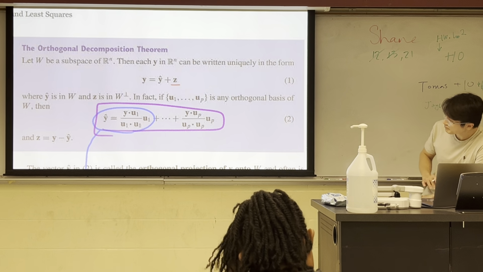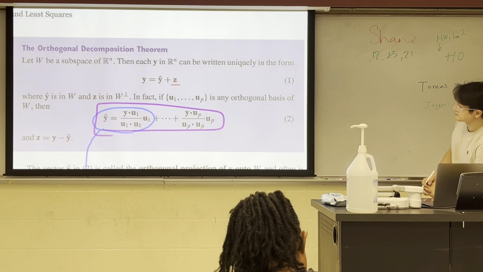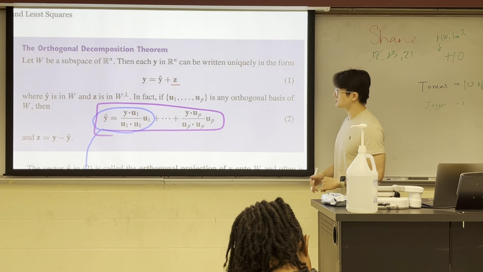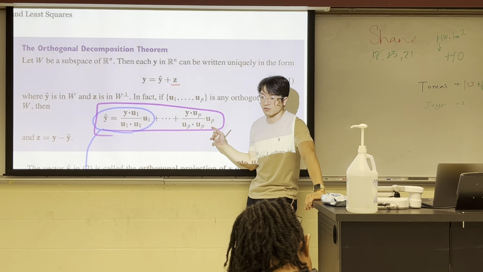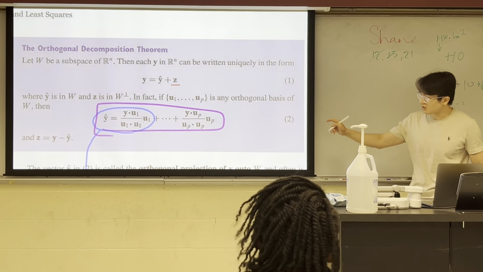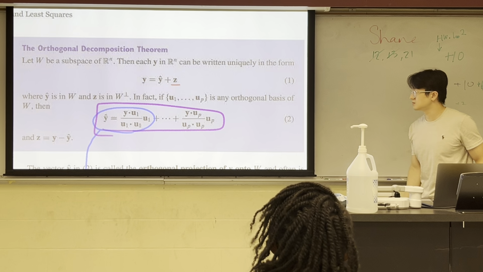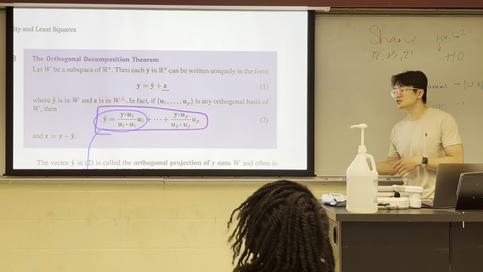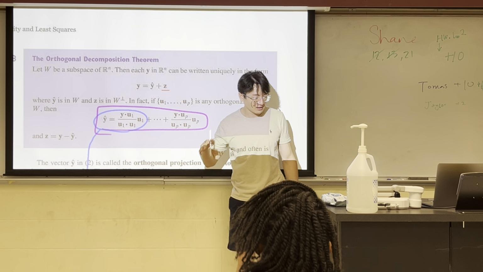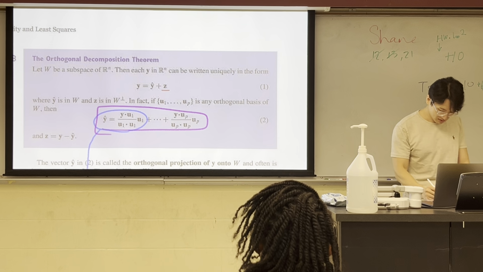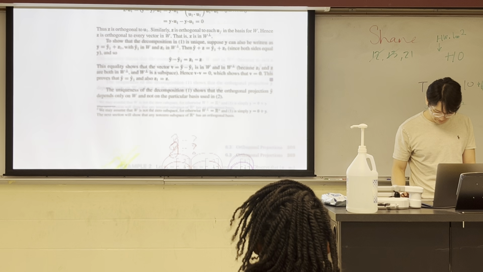This y hat, the projection onto the space that I have, spanned by these vectors, then these are the formula. I'll give you for the exam. For the practice, good to test yourself. You know this, but I'll give you this theory for the exam.